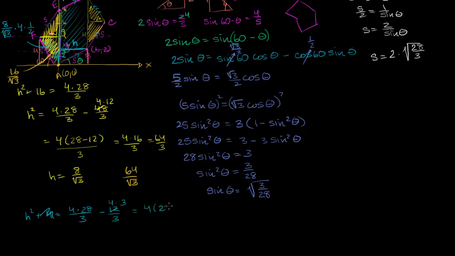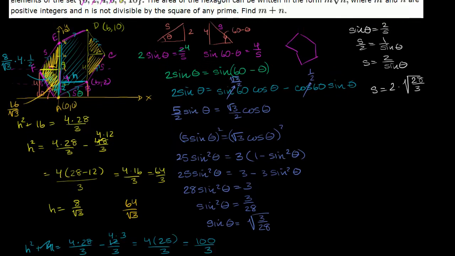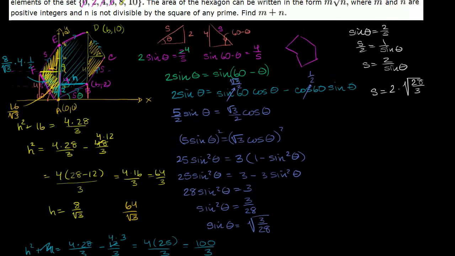So that's 4 times 25 over 3, which is equal to 100 over 3. That's h squared. So this h is going to be equal to the square root of this, which is 10 over the square root of 3. So this distance right over here is 10 over the square root of 3.